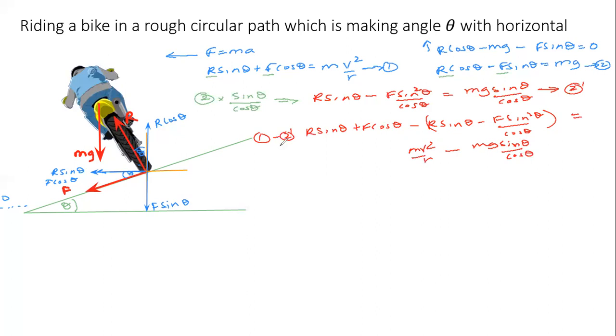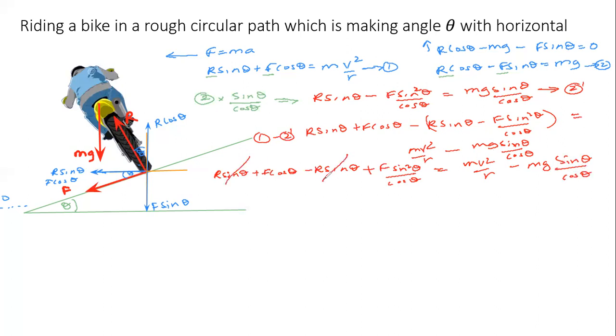Now let's simplify this. Then we have R sin theta plus f cos theta minus R sin theta. Here minus and minus becomes plus f sin squared theta divided by cos theta, equals mv squared over R minus mg sin theta over cos theta.